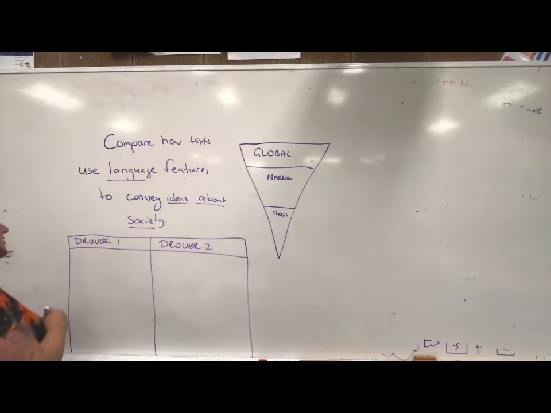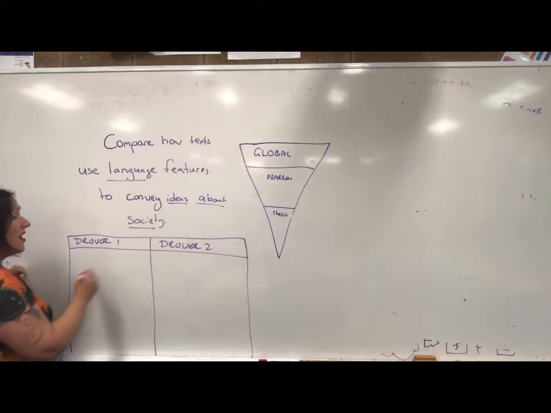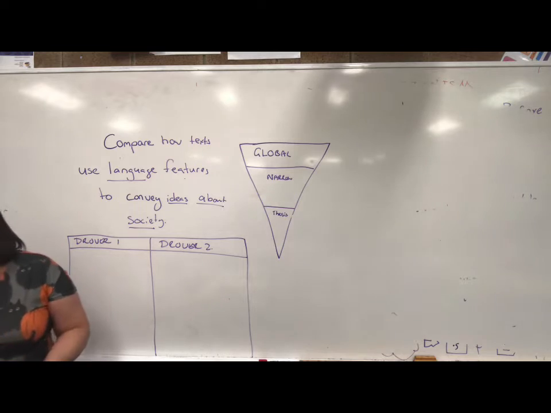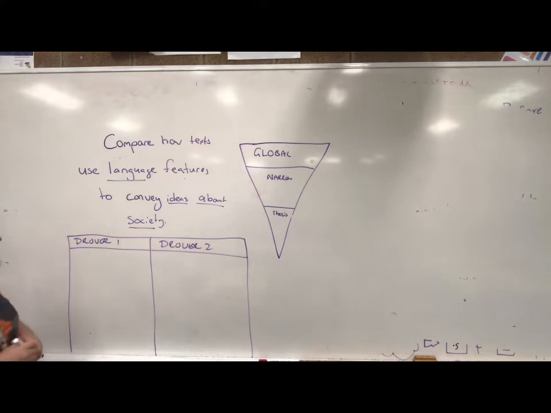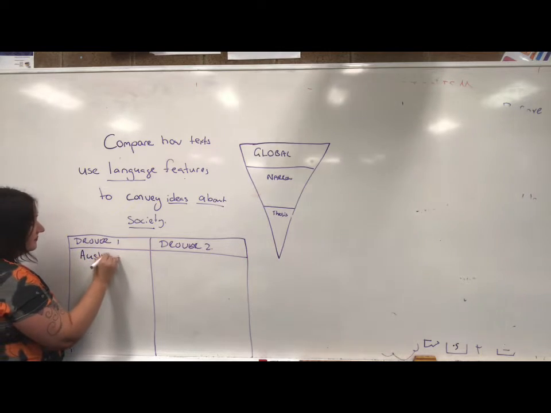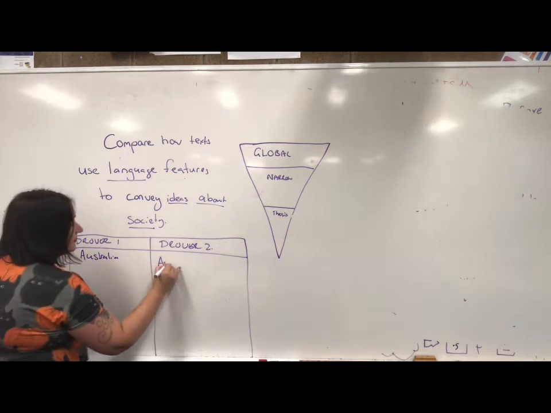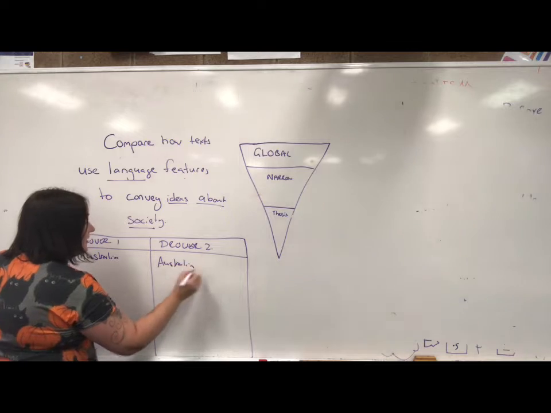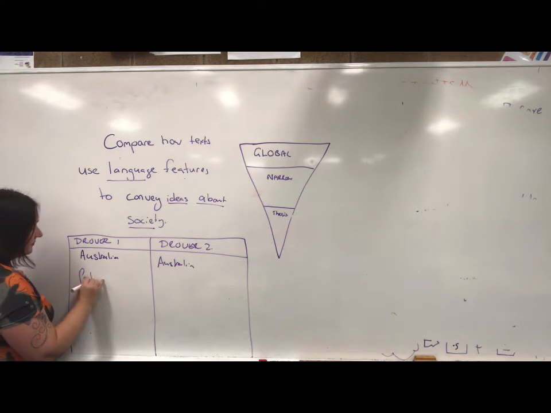Now, if you're choosing the 2 Drovers' Wives, then their society has some similarities. They are both Australia. They are both patriarchal.